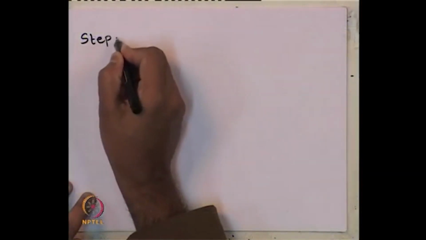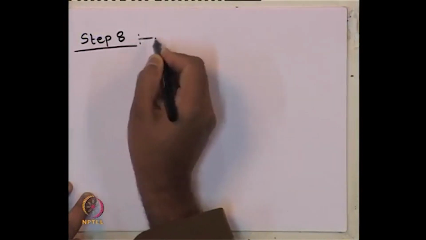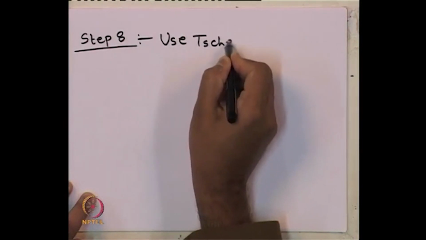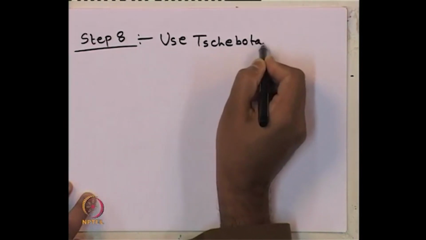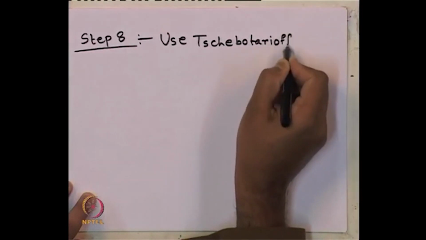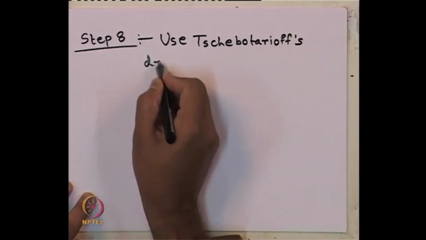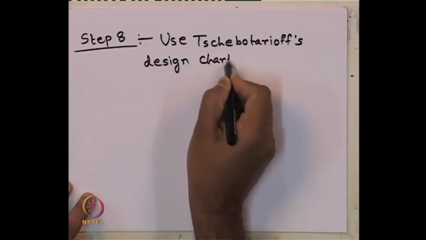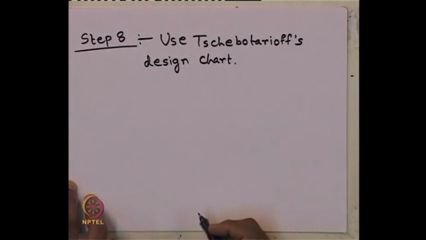So, step 8, use Tschebotarioff's design chart that gives for various G values, that is against the calculated FNR in the previous step. Using various types of soil based on various G values, we can get the area required.